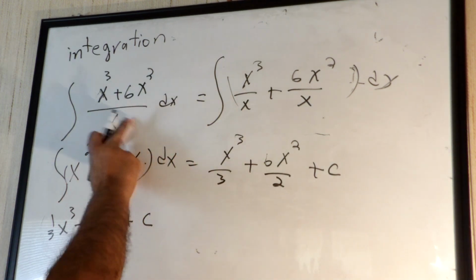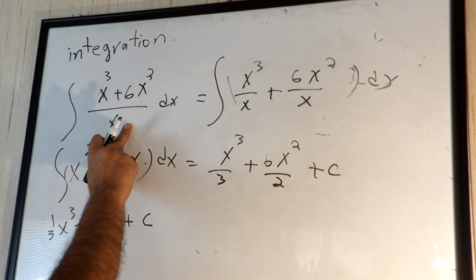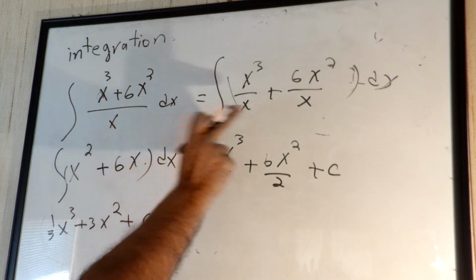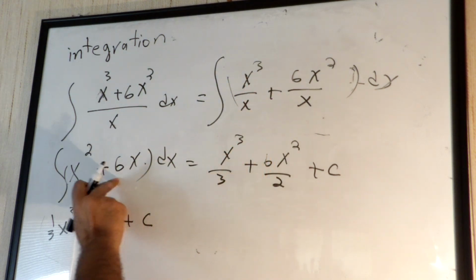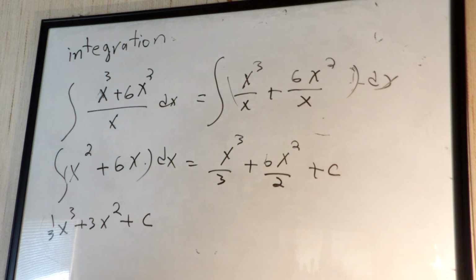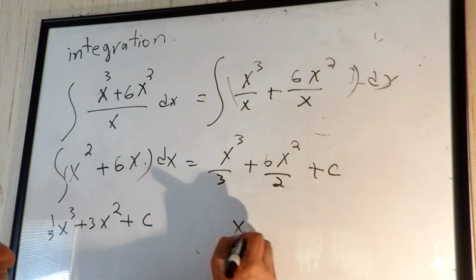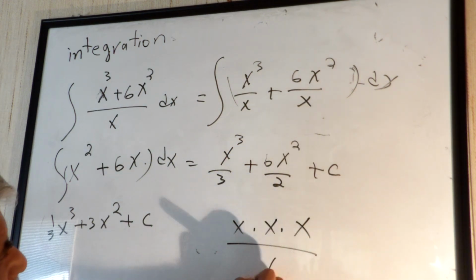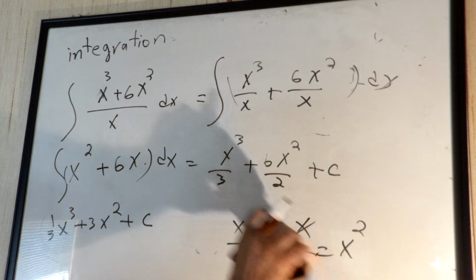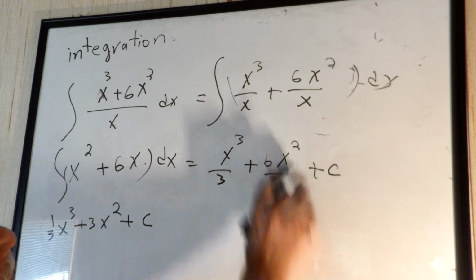So we divide each of these items by the denominator, and we write it like this, and we simplify. 6x^2 over x, so x cancels out. x^3 means x times x times x, so one of these x cancels and it is going to be x^2. And this one cancels out.